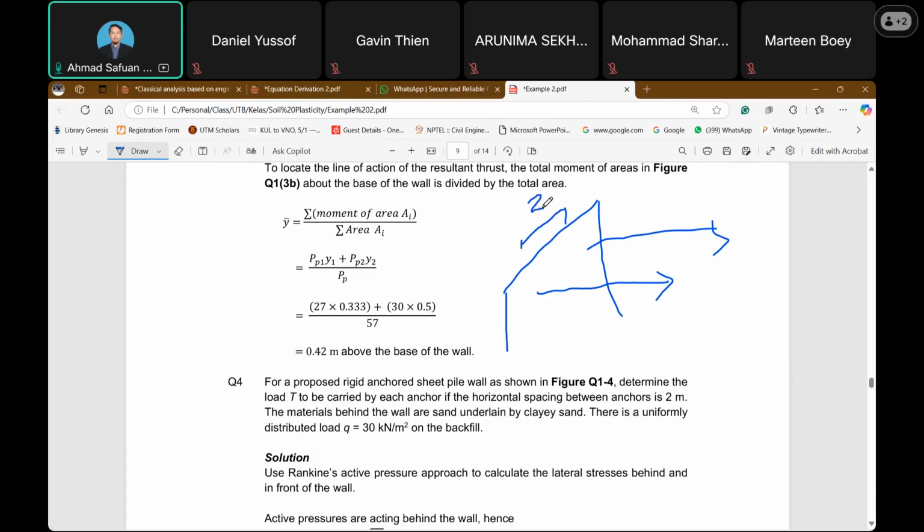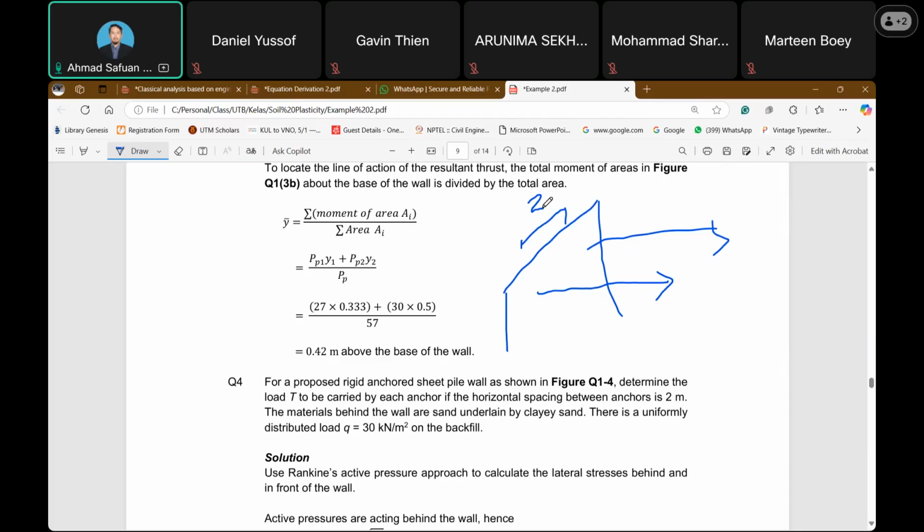So for every 1 meter, we need to divide the loads or the tensions on the anchor into half, because for every 1 meter, it contributes half of the tension on the anchoring system.